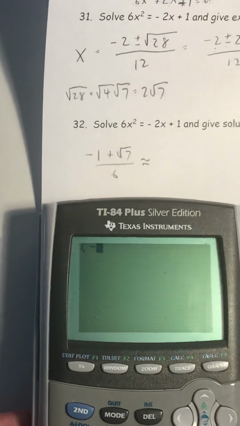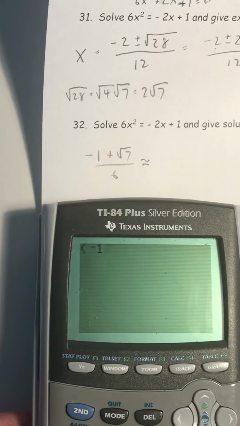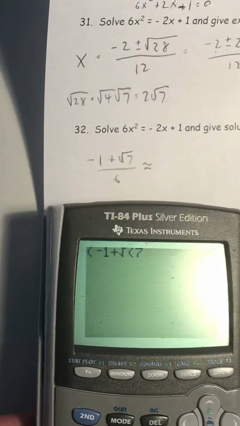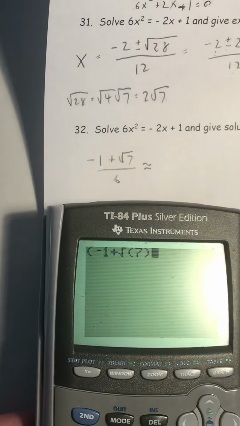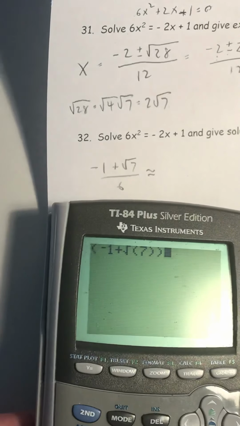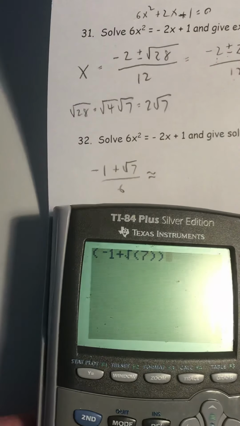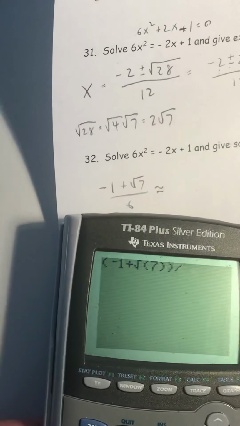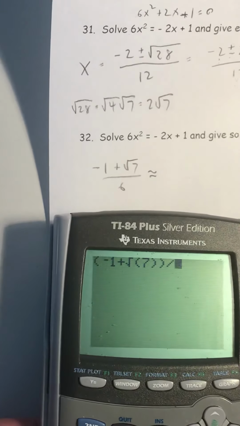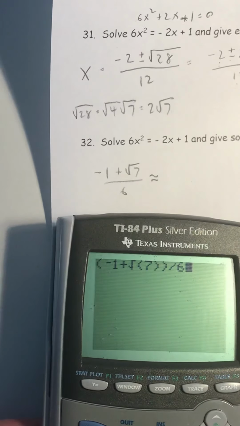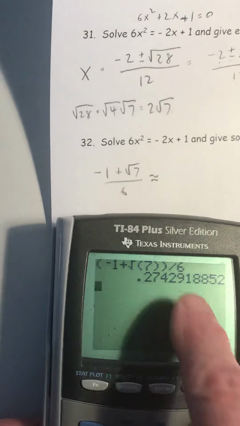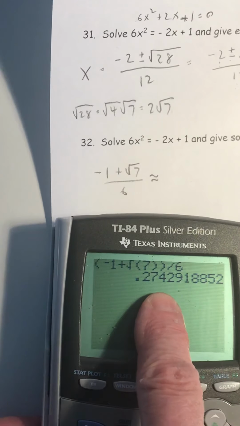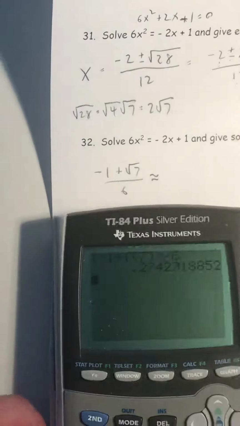So parentheses, -1 plus square root of 7, and parentheses for the square root, and another parentheses for finishing the numerator. Divide by 6. And I get that. The 7 is the hundredth digit, so with that 4, we round down, so I'd say 0.27.